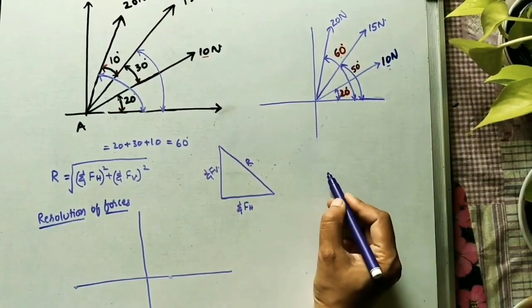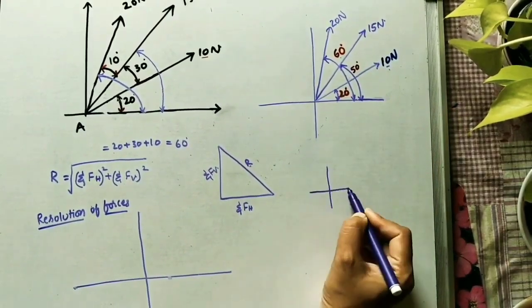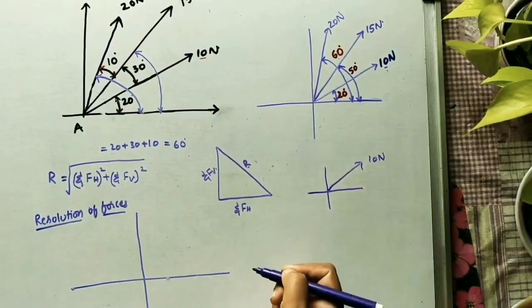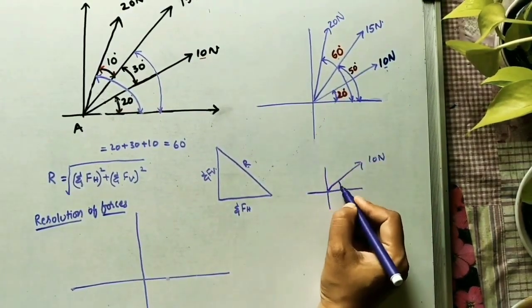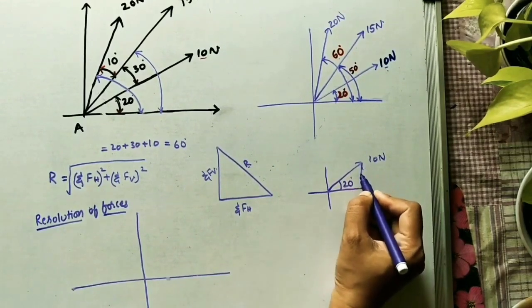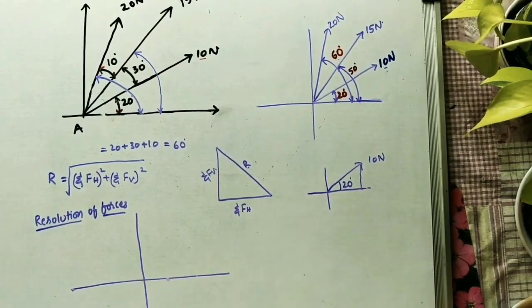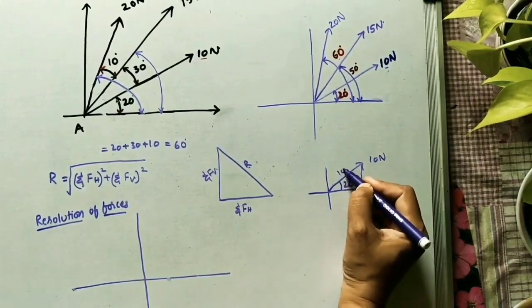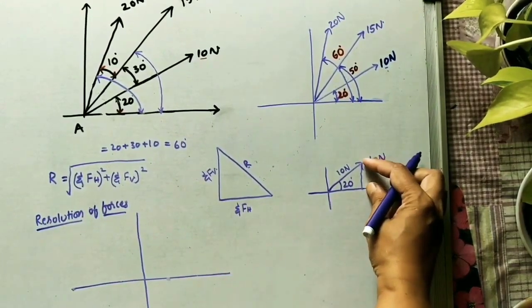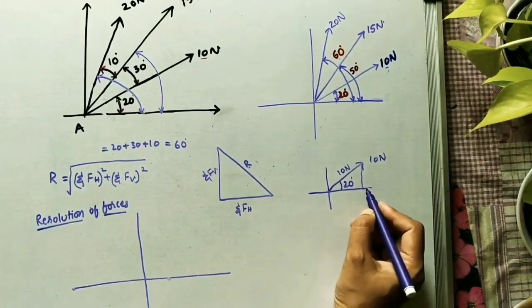For understanding, I will take the forces separately. The 10 newton force I am taking. How much angle is it making? 20 degrees. For finding the horizontal component and vertical component, just draw the right angle triangle. This force is 10 newtons. This is the horizontal component, this is the vertical component.